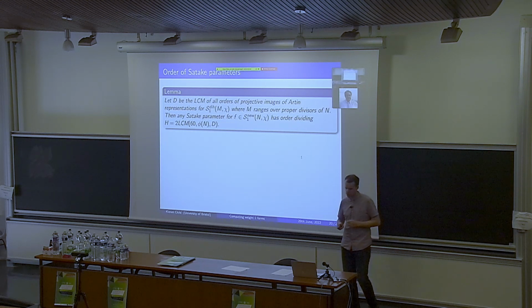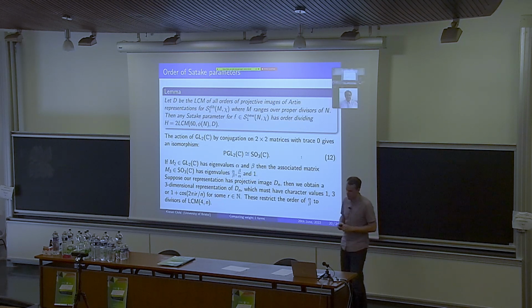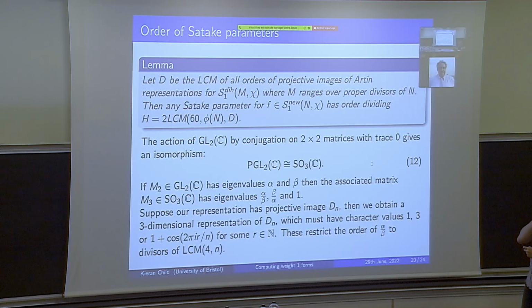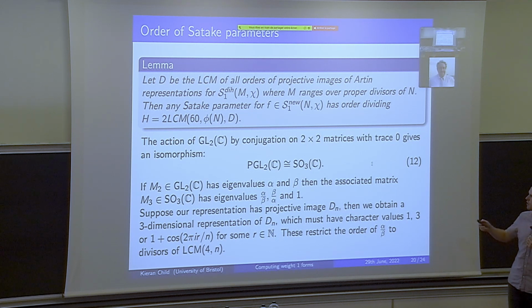I don't have a full proof of this, but I will give a couple of the reasoning steps. So we have this isomorphism, which you've probably seen, to be honest. If we have a matrix in GL2(C) with eigenvalues alpha and beta, then the associated matrix by this isomorphism in SO3 has eigenvalues alpha over beta, beta over alpha, and 1.